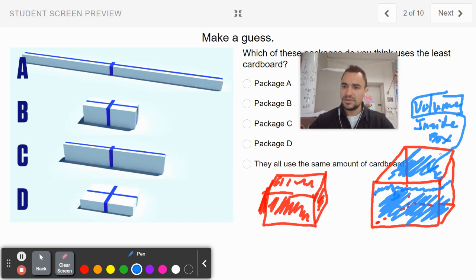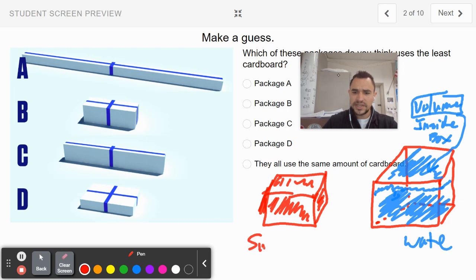Volume is inside the box, like water. And this one is going to be surface area, which is outside the box.